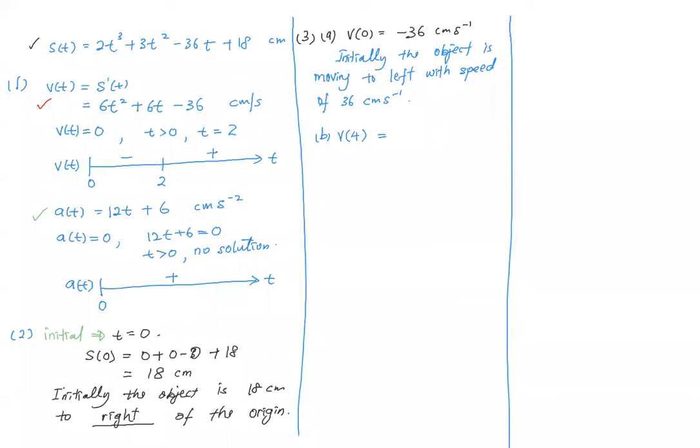Shazana, can you give me the answer? 84. If you don't mind, can you interpret also? After 4 seconds, the object is moving to the right with a speed of 84 cm s^-1. Good.